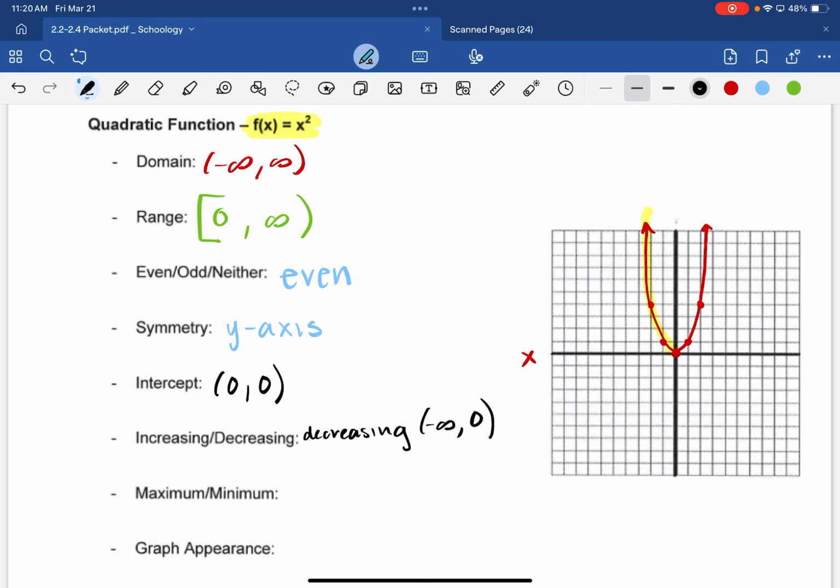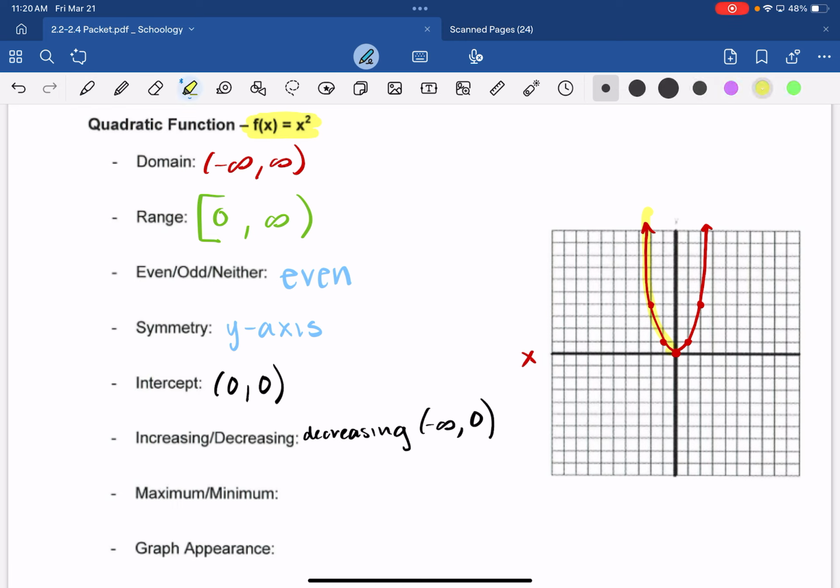And remember, when we talk about increasing or decreasing, we're never going to have brackets. Ever. Even if it does seem like 0 is included. This is really a turning point. So just for the sake of keeping life simple, just think no brackets for increasing or decreasing intervals.